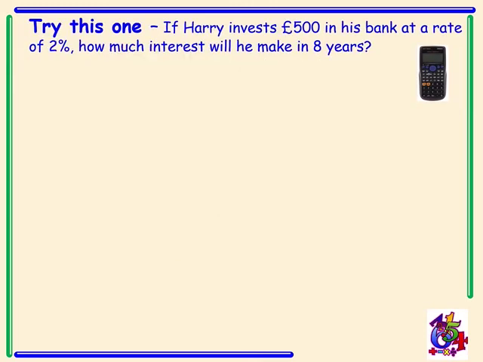Now try this one on your own. Please pause the video. So if Harry invests £500 in his bank at a rate of 2%, how much interest will he make in 8 years? So 100%, getting 2% added, 102% or 1.02.